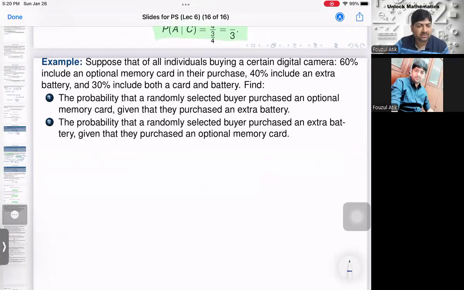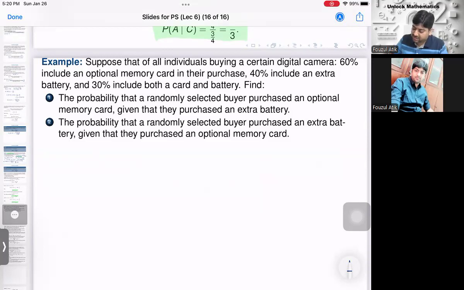Then you have to find the probability that a randomly selected buyer purchased an optional memory card, given that they purchased an extra battery. So again, it is a conditional probability. We have to find the probability of the event that a buyer purchased an optional memory card, where they have already bought an extra battery.